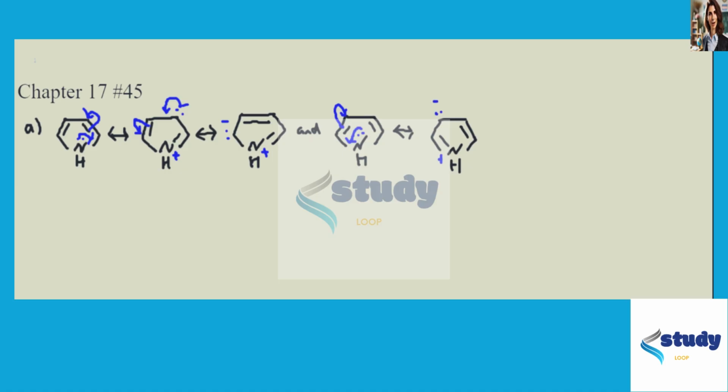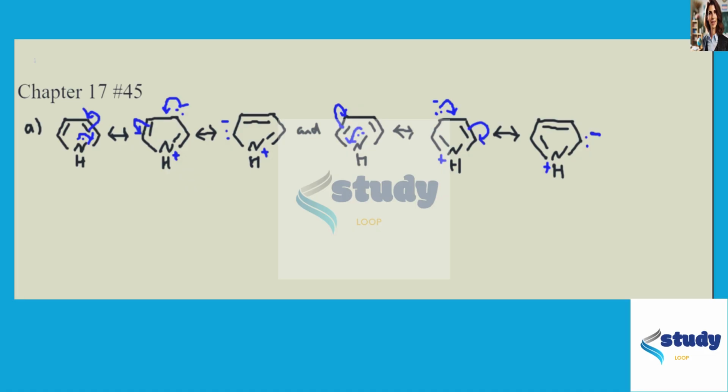Nitrogen has a positive charge on it. And then the electrons can come here, and these electrons will go here. And that is going to get us to our last resonance structure, which will look like this. And again, positive charge on nitrogen, and now our lone pair and negative charge are here.